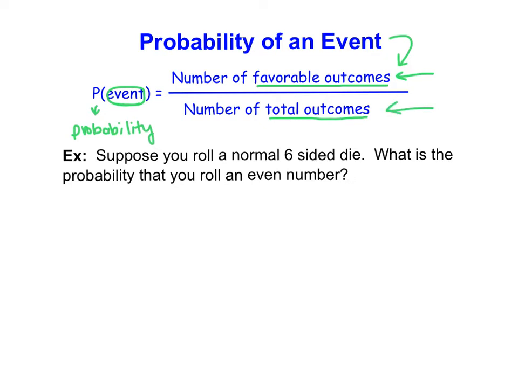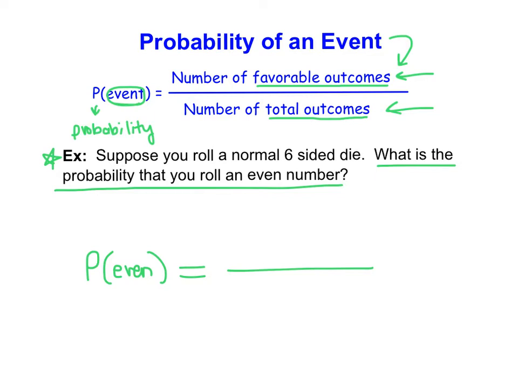So let's try to apply this to our example right here. Our example here says, suppose you roll a normal 6-sided dice. So that's what we're doing. We're rolling a dice. What is the probability that you roll an even number? So we are trying to find the probability, there's the P, of an even number.